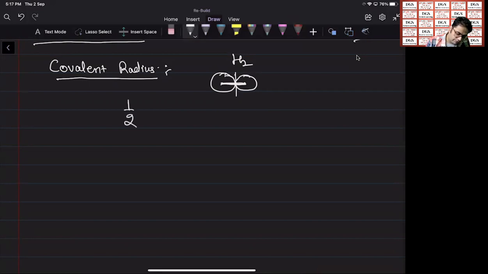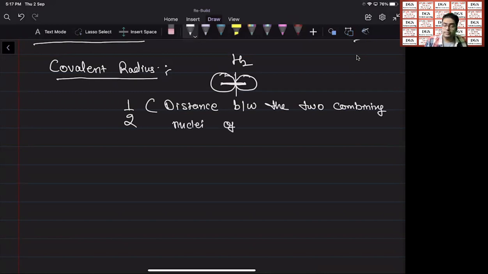This is half of the distance between the two combining nuclei of a homoatomic molecule. Both of these atoms must be the same. Fine, my dear. So this can be one of the methods.